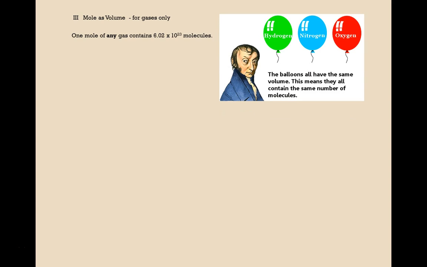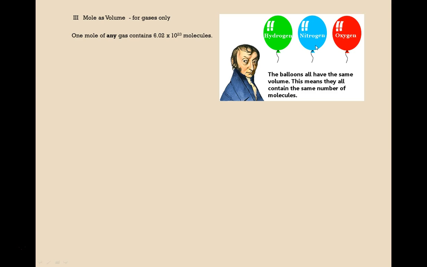Back in 1811, he proposed that if you took any gas, then the number of molecules in a given volume would be the same, provided the temperature and pressure were constant. So here we have hydrogen, nitrogen, oxygen. We make sure that the temperatures are all the same, the pressure inside the balloon is all the same, and the volumes are all the same, and in such a case the number of molecules of any gas will be the same.